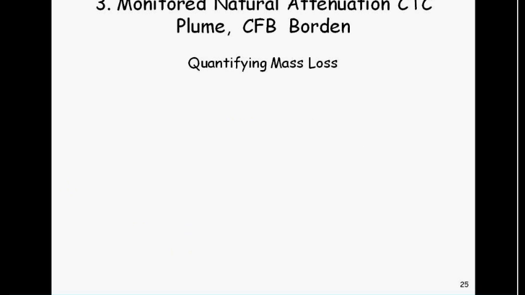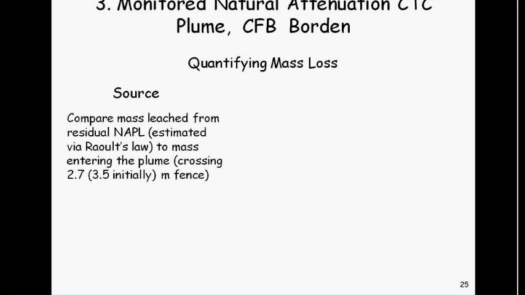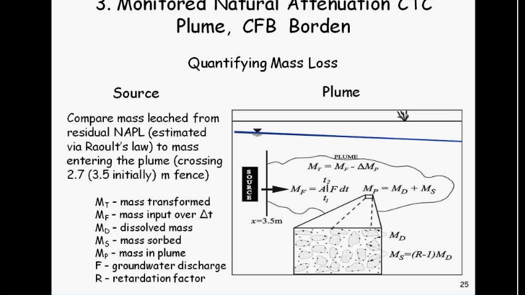Well, how much mass is lost? Let's talk about what happens in the source area. That's up to about 2.7 meters from the source. We call that the source area. So here were some mass balances that Mark set up.